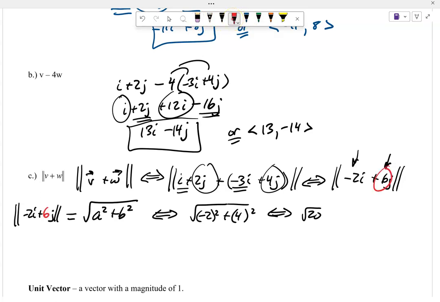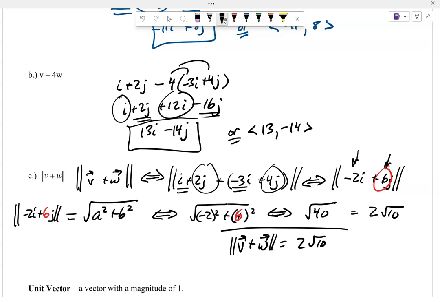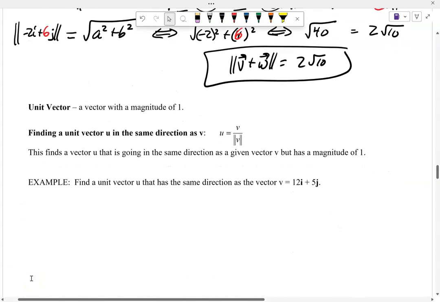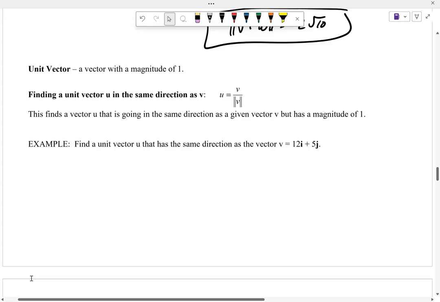I'm sorry, that was a 6. 6 squared is 36, so I got 36 plus 4. There we go. Square root of 40, which is what, 4 times 10? Or 2 root 10. So it's like 6 point something, right? So the magnitude of vector v plus w is 6 point something, 2 root 10. Let's keep going. A unit vector is a vector with a magnitude of 1.